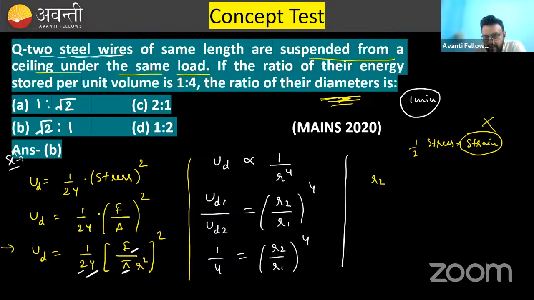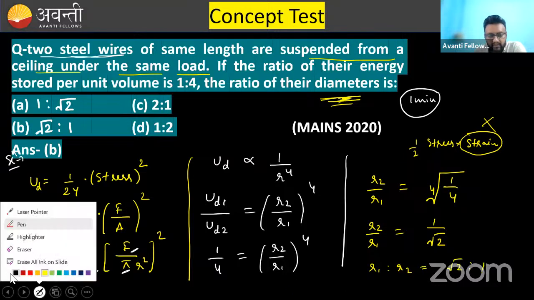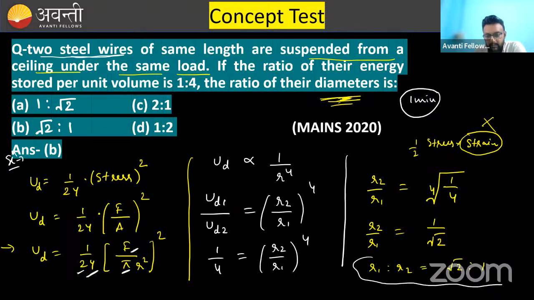R2 by R1 will become the fourth root of 1 is to 4. So R2 by R1 will be 1 is to root 2. So R1 by R2 will be root 2 is to 1. This is our answer.